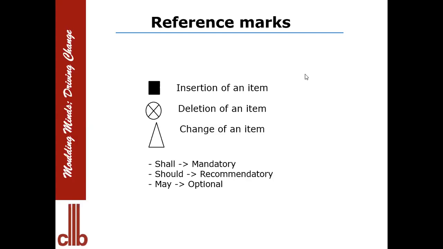A full block bullet means something new has been inserted in this version. A circle with an X sign means something has been deleted. And a triangle sign means something has changed.